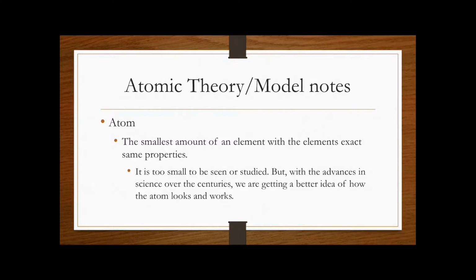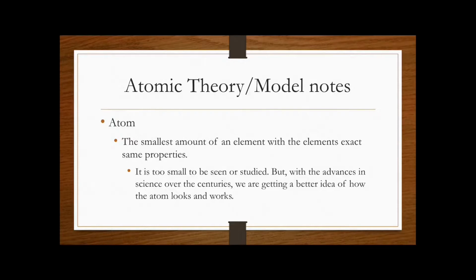All right, so now we're going to talk about the atomic theory and more of the model portion of it. So we've already discussed the atom a little bit, but I wanted to reiterate it just so that it was in the forefront of your mind, because we're going to be drawing models of the atom.